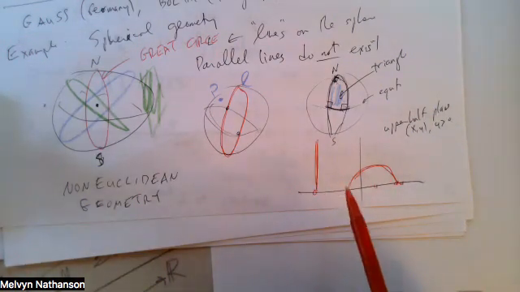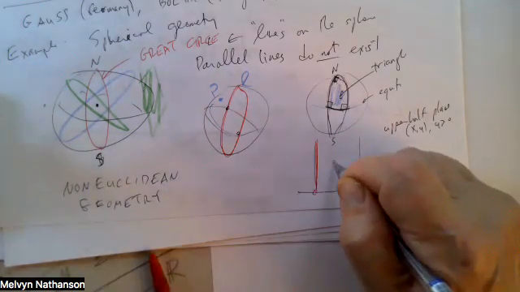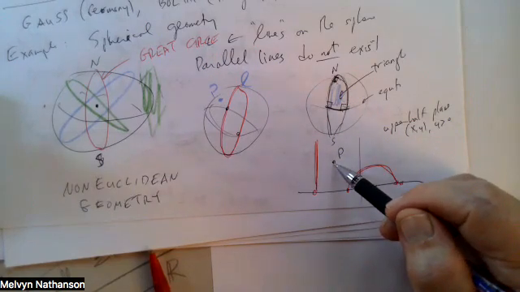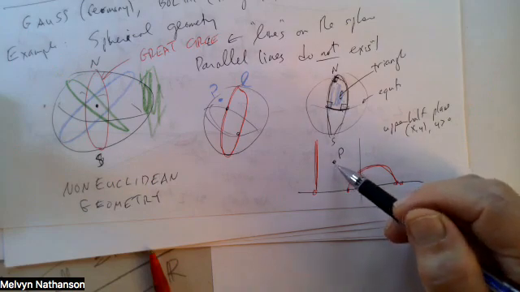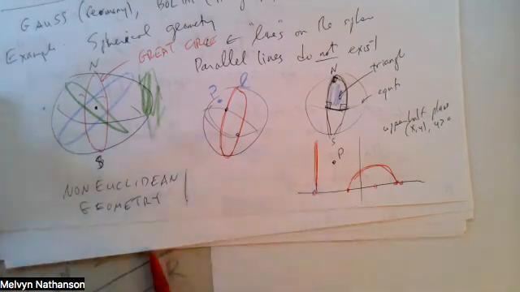But in this geometry, if you take any line and any point P not on the line, instead of there being one and only one line through P parallel to the given line, there are infinitely many lines through P parallel to the given line. So that's another kind of non-Euclidean geometry. The easiest one to think about is a kind of geometry on the surface of a sphere. And I put a couple of homework problems on spherical geometry just to give you a chance to think about it.